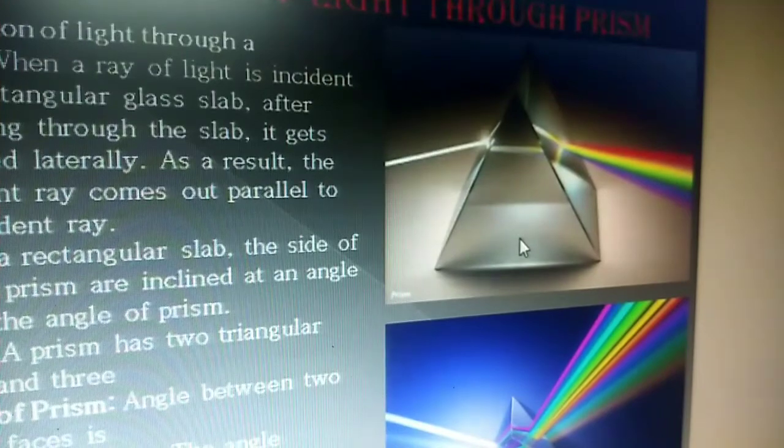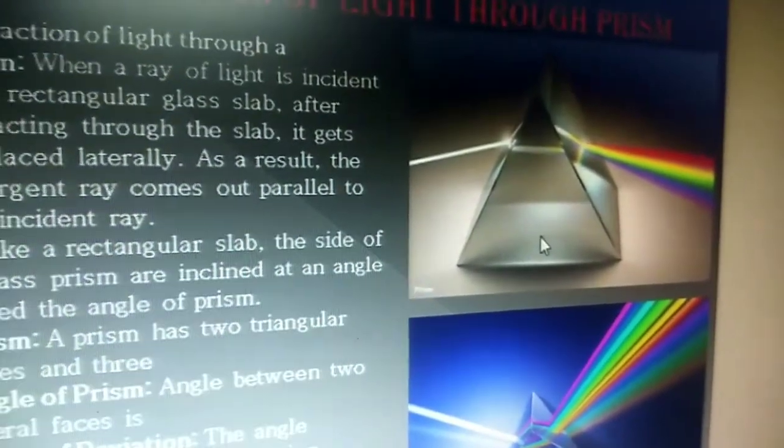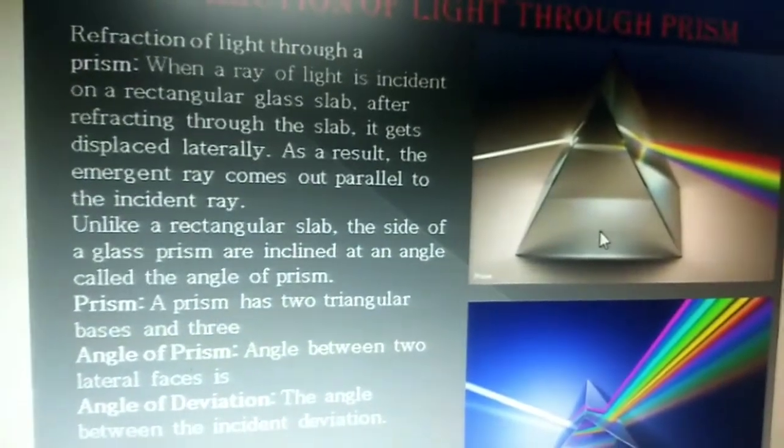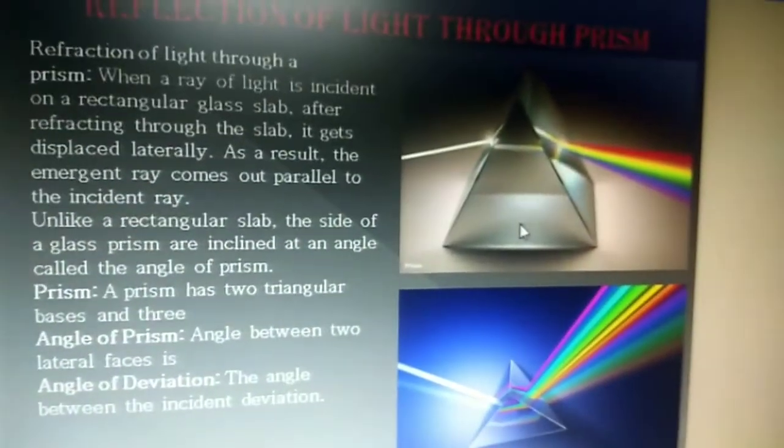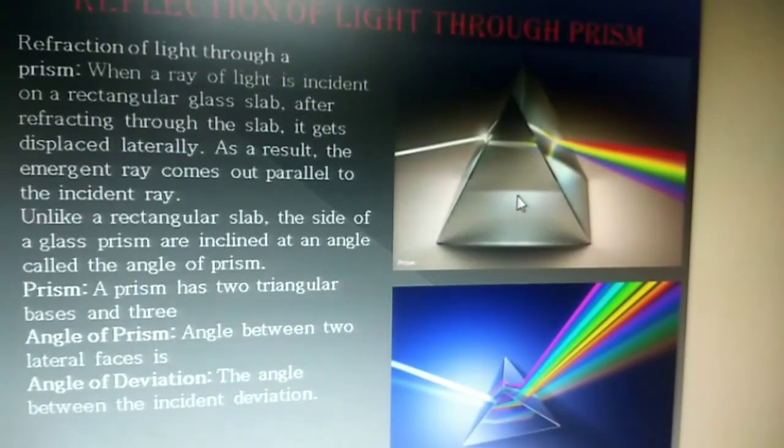Now what is dispersion? Dispersion is nothing but splitting of white light into a band of 7 colors. Light moving in air moves with the same speed, but when you pass that same white light through a glass prism, it forms a band of colors which is known as a spectrum.